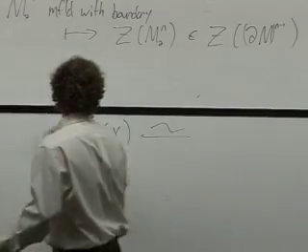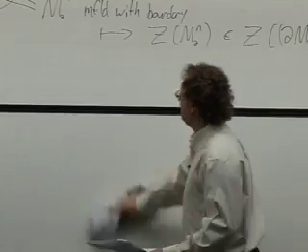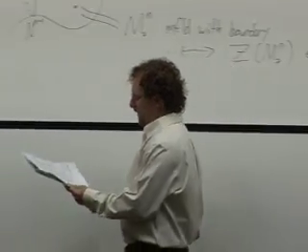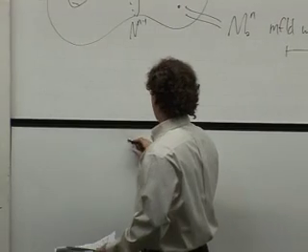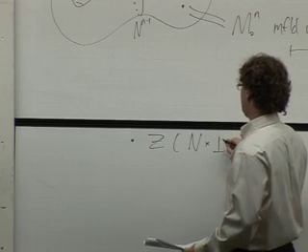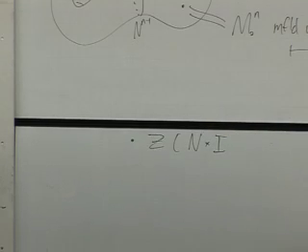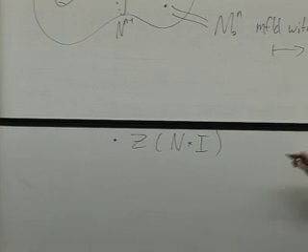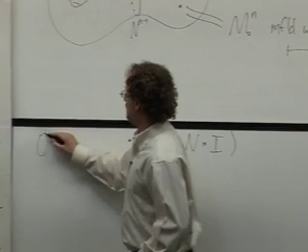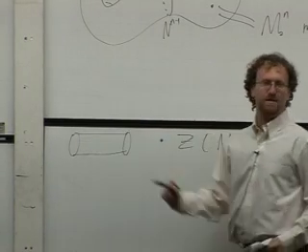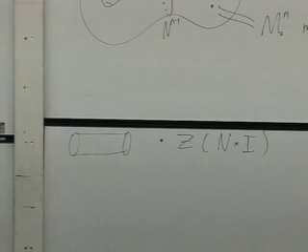Let me indicate some of the key properties of this assignment. How are these assignments supposed to talk to each other? Well, for example, what we're going to want is that if you look at a cylinder, we take an n-1 manifold and cross it with an interval. This has two boundary components, one of which is N and one of which is N with the opposite orientation.